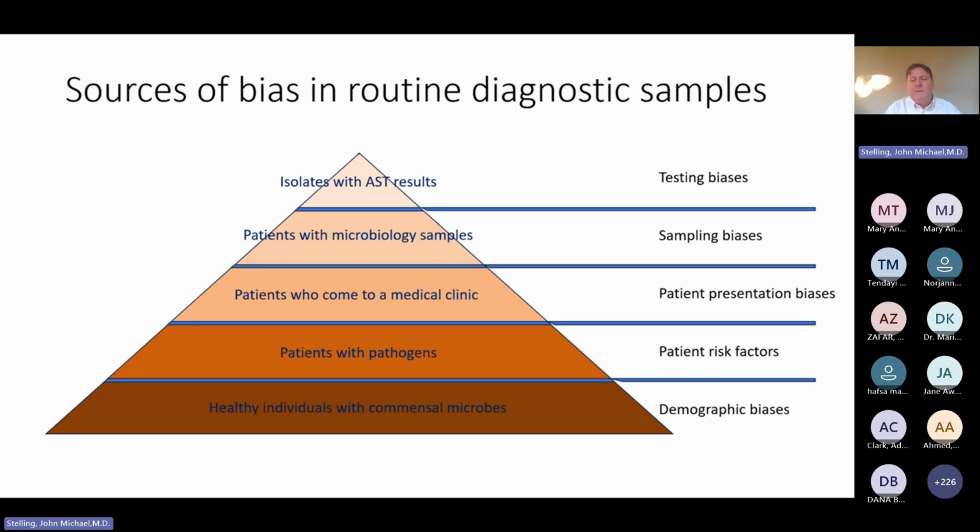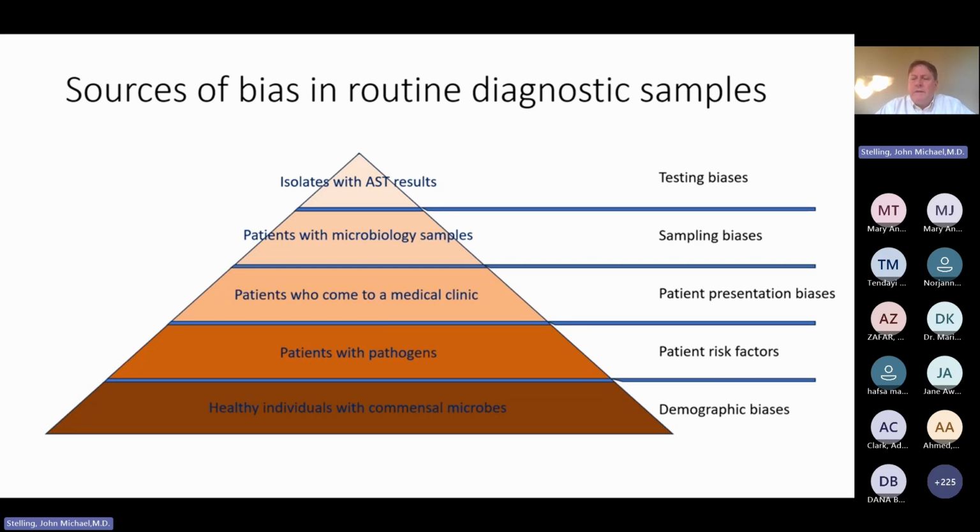So we might have 1,000 women with the community simple UTI, 100 come to the clinic, maybe 20 of them, we take a sample. And then we send the sample to the laboratory. And in the laboratory, we might test ampicillin and gentamicin on all 20 E. coli, but we might test amikacin on only 5 of them as a second-line result. So these would be testing biases.